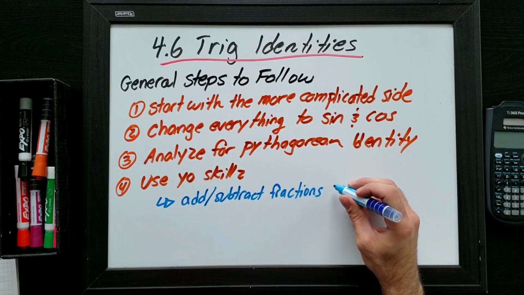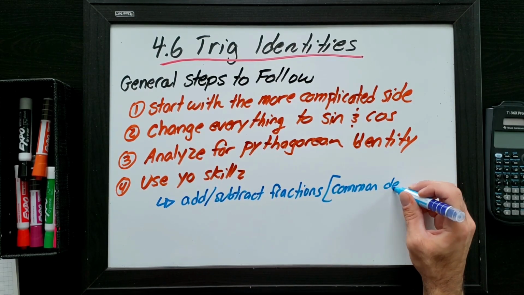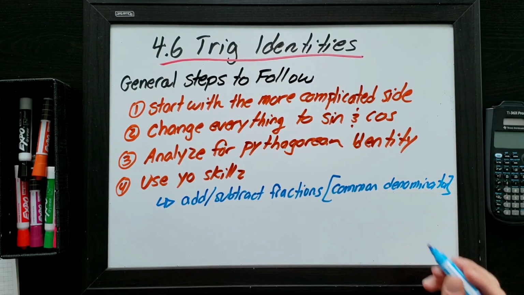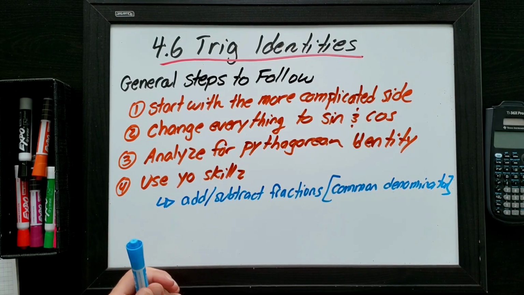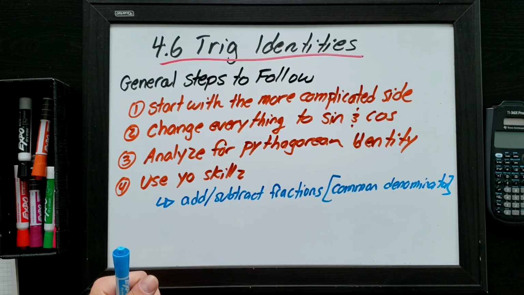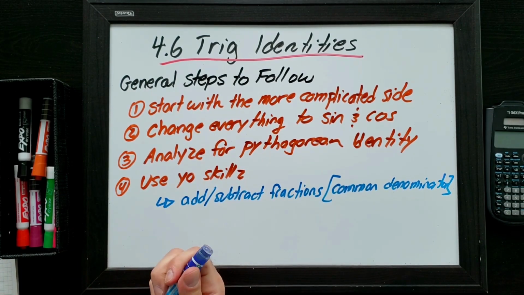And we do this by finding the common denominator. Now, this is going to be more challenging than you're probably used to, but it is the same as chapter 2, where we have to find common denominators with binomials or trinomials, whatever the case may be. It'll involve factoring, all that beautiful stuff.